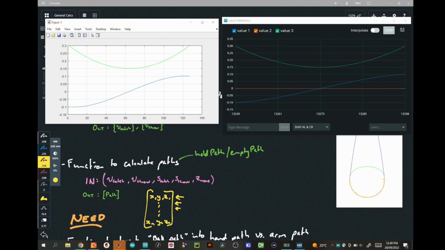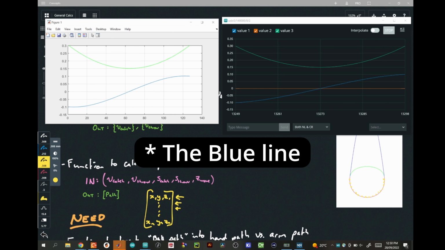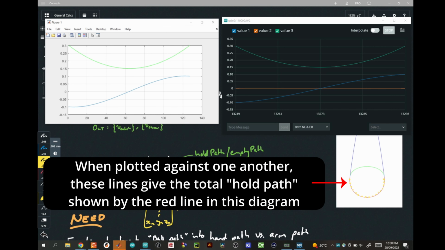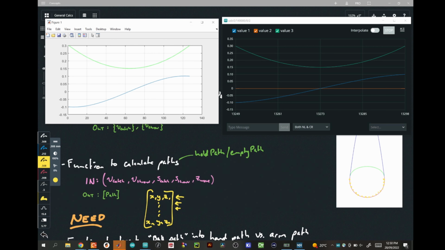You can see it starts at 0.3 meters high, it's relatively arbitrary at this point, and then it goes down to about 0.15 and then back up to 0.3. While in the X direction, it starts at negative 0.1 and works its way up to positive 0.1. And because these two look pretty much the same, I can be pretty confident that my Arduino stuff is working the way that it should.